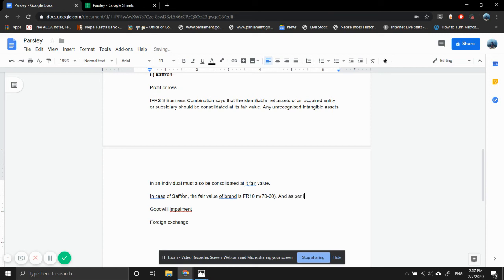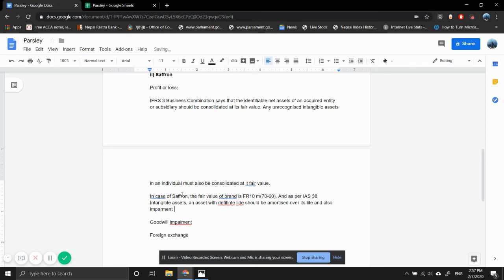And as per IAS 38, intangible assets, an asset with a definite life should be amortized over its life and also tested for impairment.